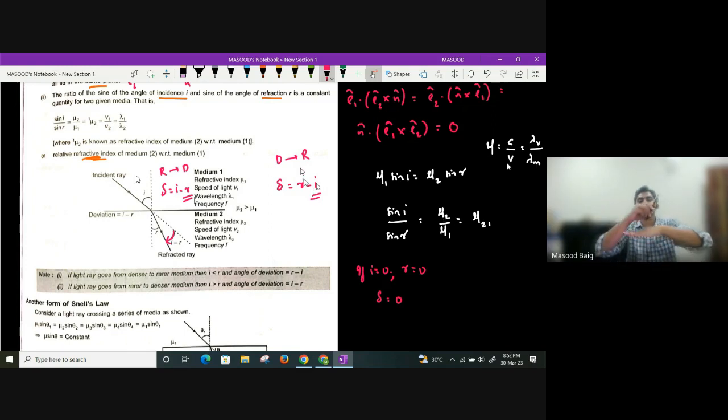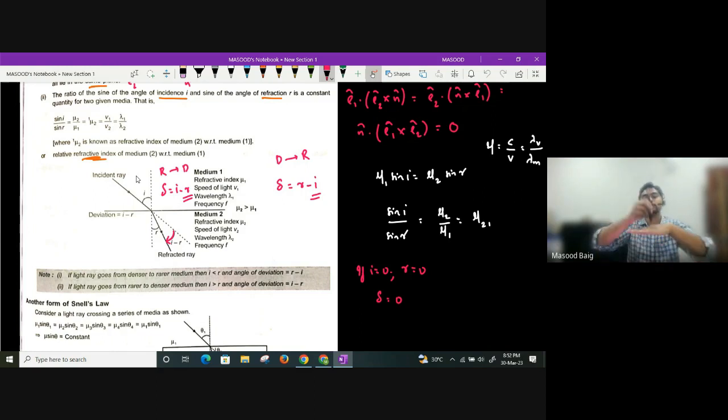What is the meaning of I is 0? I is 0 means the incident ray is along the normal. Whenever the incident ray is along the normal, guys, it is called normal incidence. So for normal incidence, there will not be any refraction. No bending of light will take place for normal incidence. Is that clear?